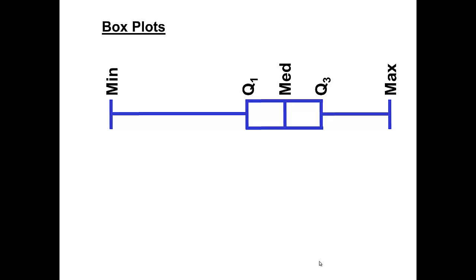Notice how the quartiles mesh into what's happening. 25% in each section of the box plot. 4 sections, the data is divided into fourths, 100%, 25% in each section. 25% in the left tail, 25% in the left portion of the box, 25% in the right portion of the box, and 25% in the right tail.